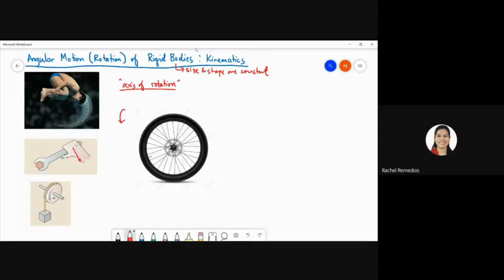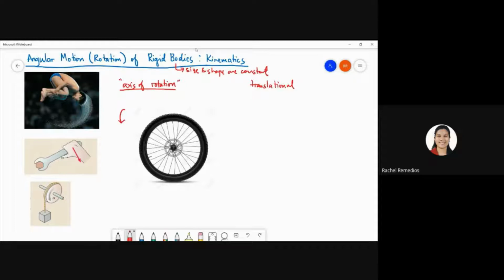let's say nag-rotate siya counterclockwise. Pero hindi natin siya bibigyan ng translational motion. Okay? So if you remember, pag sinabing translational motion, I hope you've read about this. So pag sinabing translational, lahat ang orientation ng object mo hindi nagbabago.